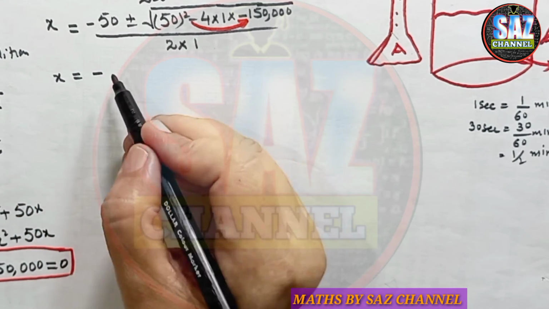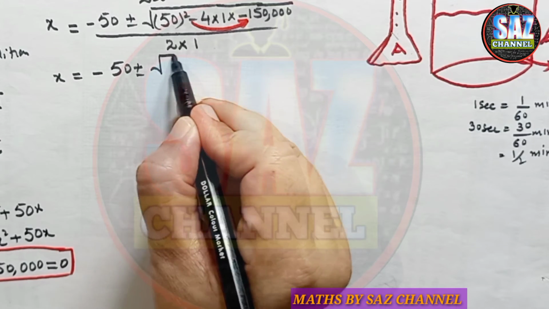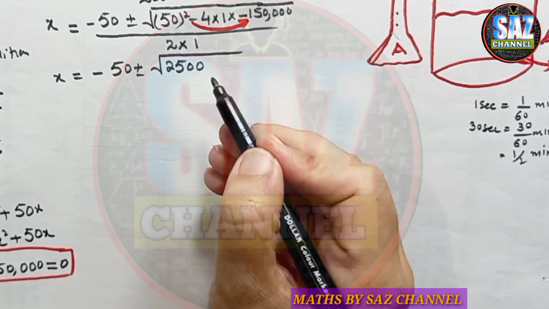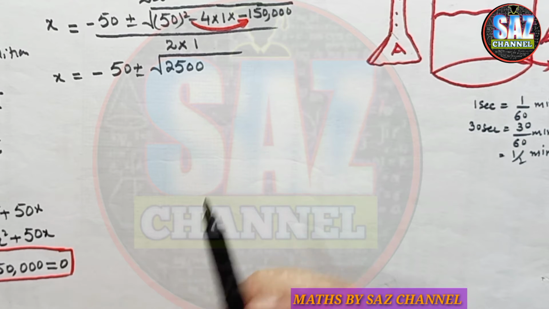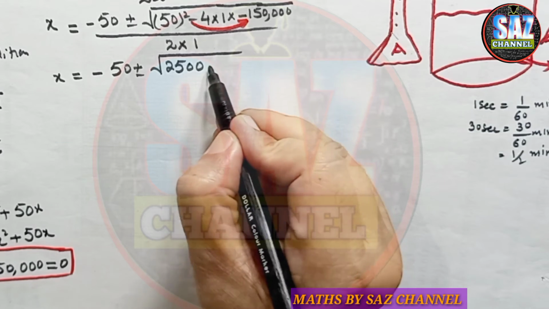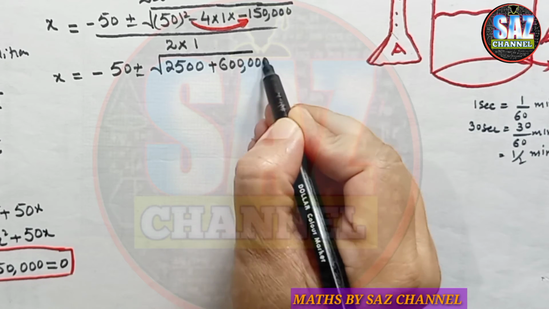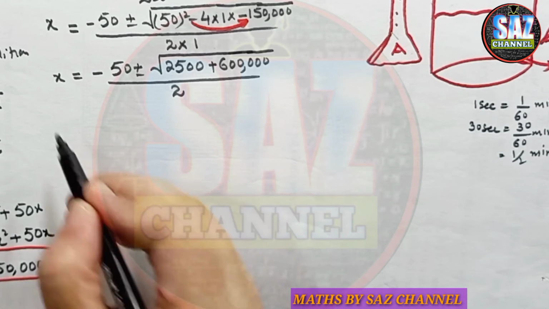X equals minus 50 plus minus the square root of: square of 50 is 2500, and 150,000 with 4 zeros multiplied by 4 will give me 600,000, plus 600,000 upon 2.